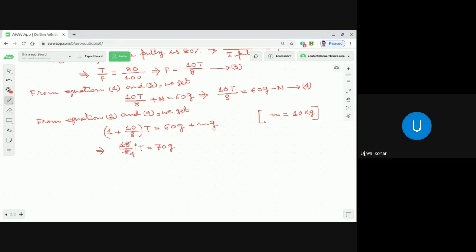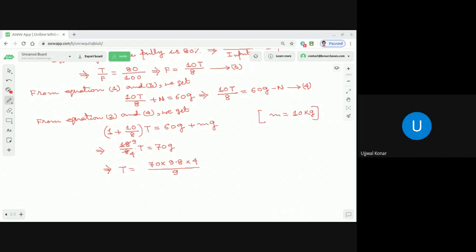So from here we can find the value of T is equal to 70 into g, 9.8 meter per second square, into 4 divided by 9. Got it? Let me write properly. Yeah.